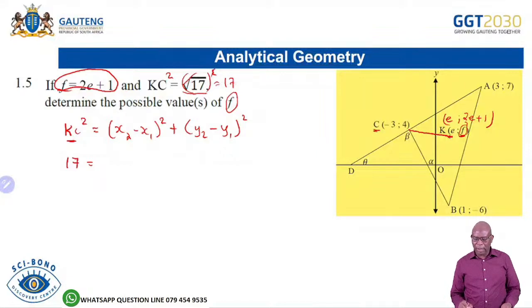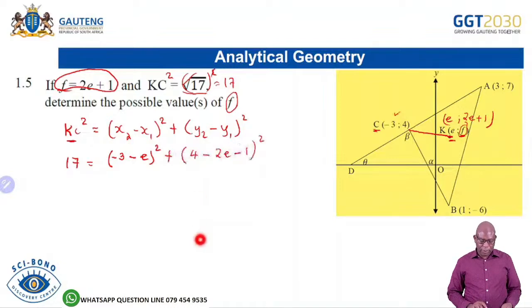So now, what is x2? So I'm using C and K. So what is my x2 there? I'm going to start by saying this should be negative 3. If I start with negative 3, what am I subtracting? e, squared, right? Plus y2. I've started with a minus 3, so I must start with a 4. So it will be 4 minus, remember, 4 minus into 2e plus 1. So I can rather write it as 2e minus 1. So this is squared. I can work out the first bracket.